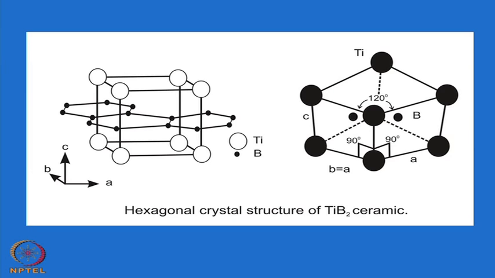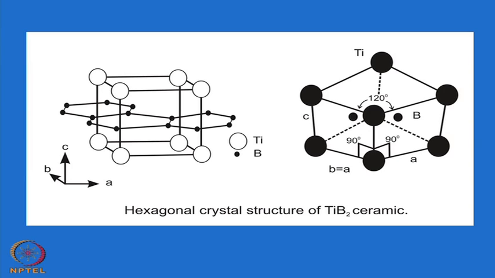Well, so far we have been discussing the structures of different oxides, but oxides are not the only group of compounds which will be useful for our further discussion, so far as their functional properties and mechanical properties are concerned.